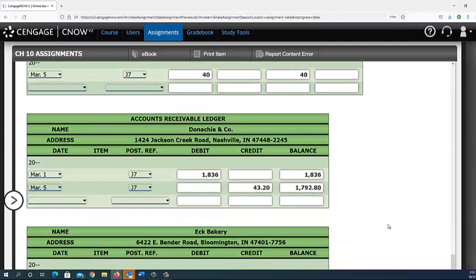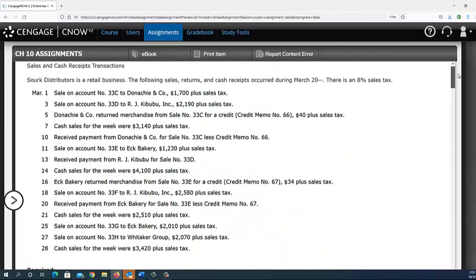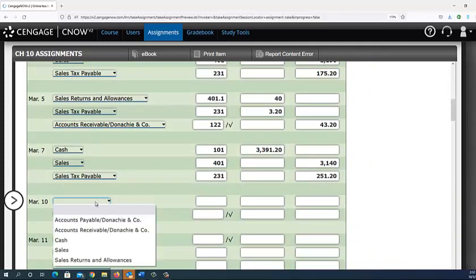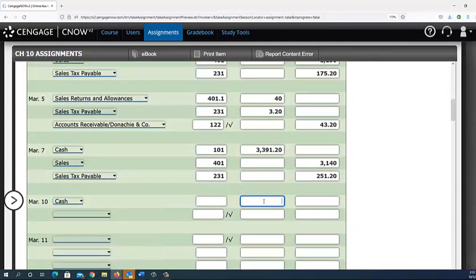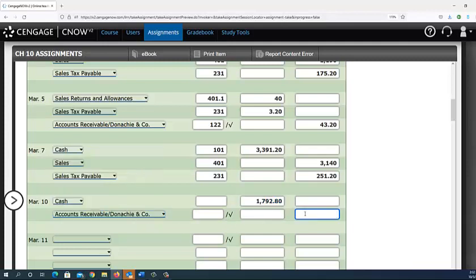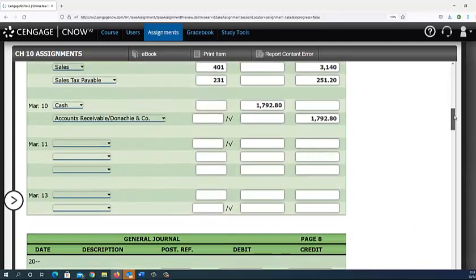They owe us $1,792.80. Okay, so when we journalize that, we're going to collect cash, $1,792.80, and offset the accounts receivable owed of $1,792.80. So let's post this now.